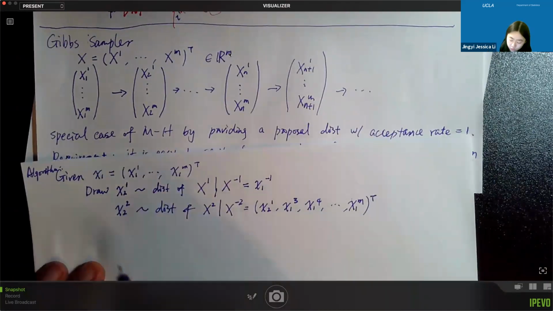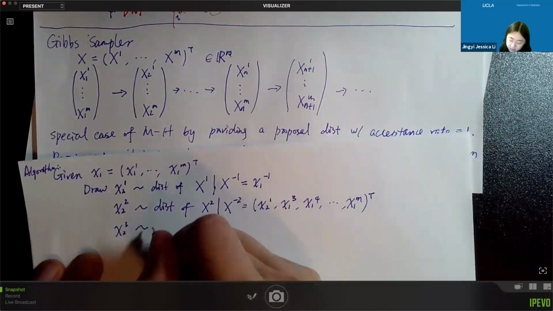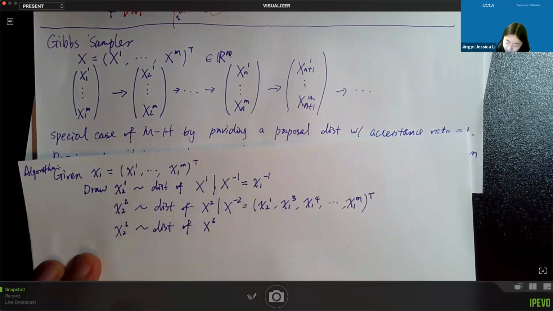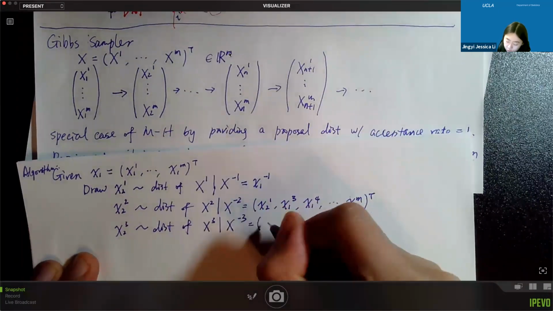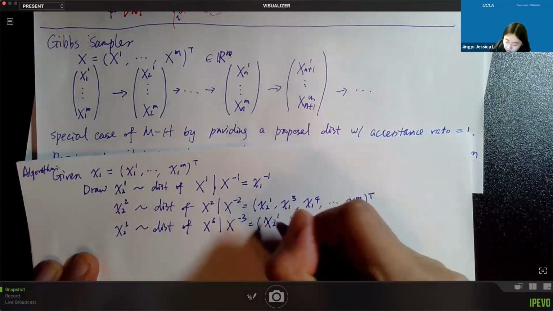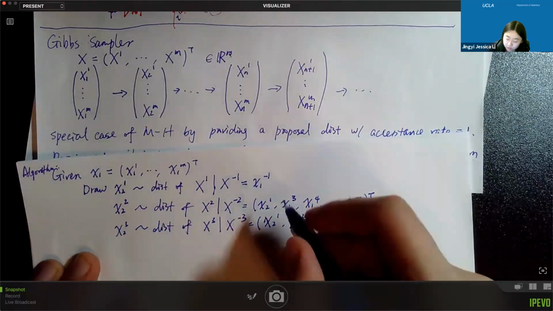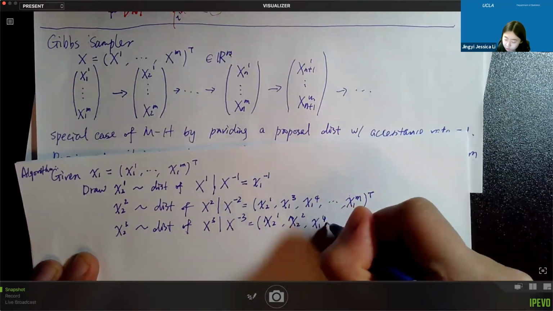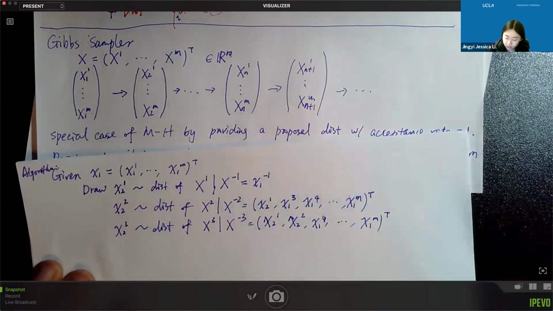And then I continue to do sampling for the third dimension. I call that x23. This is going to be sampled from the distribution of x3, the third dimension, conditioned on all the other dimensions. So I will use x21, x22, sorry, lowercase x22, the two values I got. The third dimension is going to be left out, right? Because it's the one we will sample from. And we have x14 up to x1m. Okay, so I'll continue to do that.